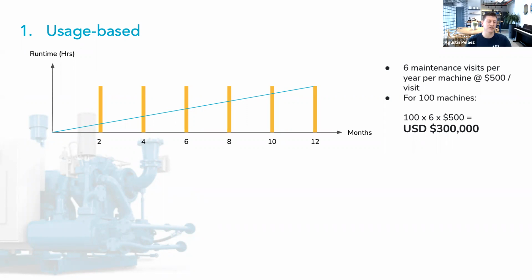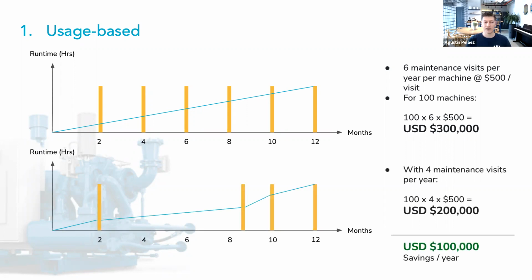But this is like doing the homework. This is like reading the manufacturer guidelines, and just doing it regardless of whether the machine was used or not. So a better approach would be to log the runtime in a system that is monitored in real time in order to service the machine exactly when needed based on the runtime alone.